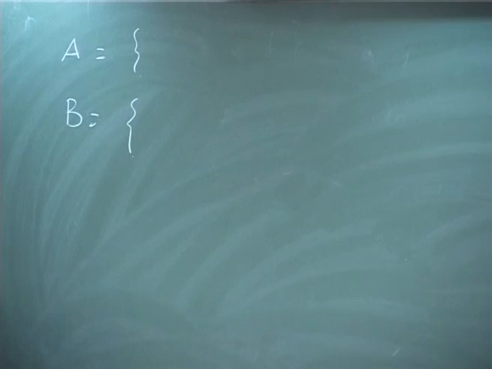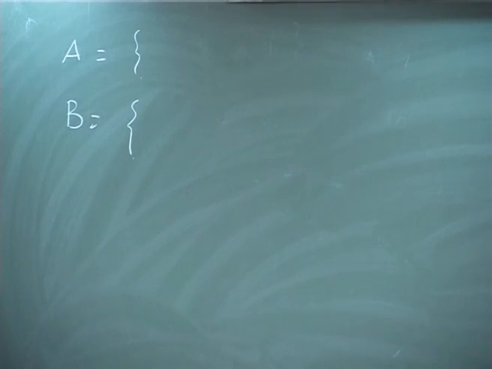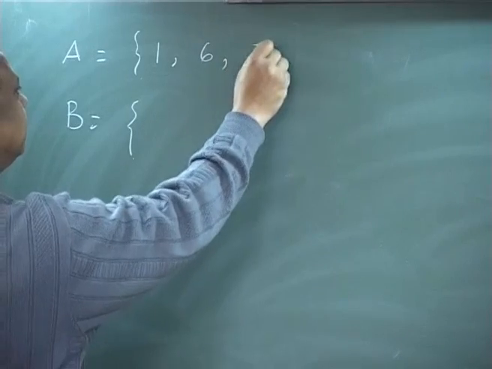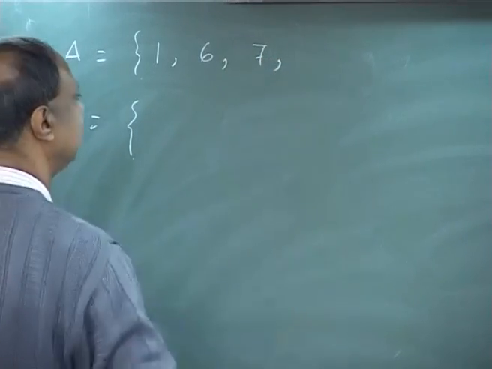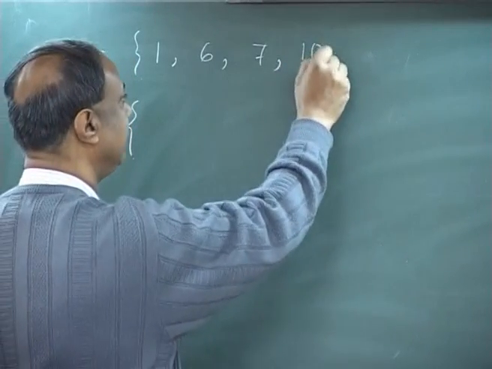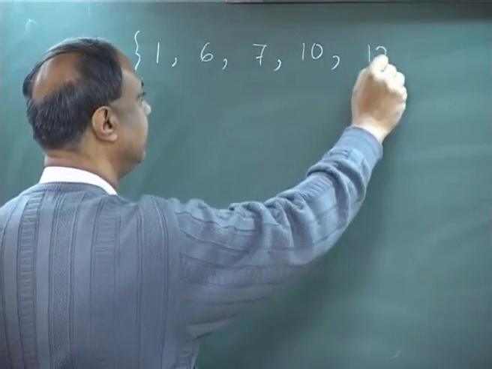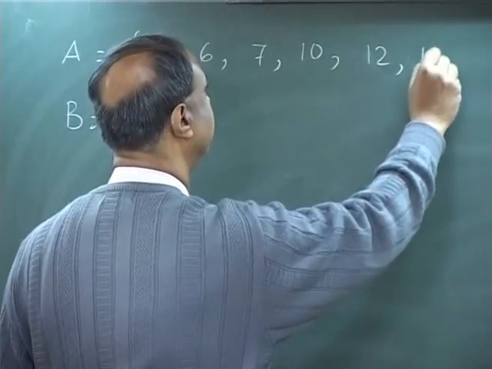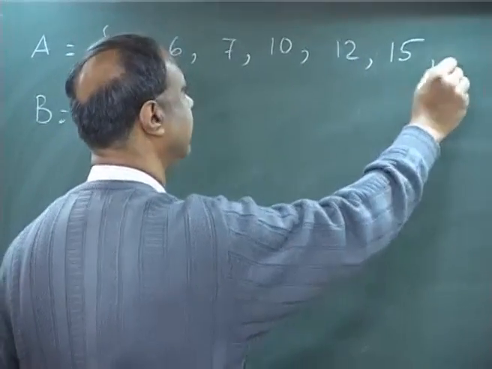One is 8 elements, another I take 12 elements, to understand the algorithm. Tell me quick. 1, 6, 6, 7, 7, 8, next 10, 10, 12, 15, and 18.